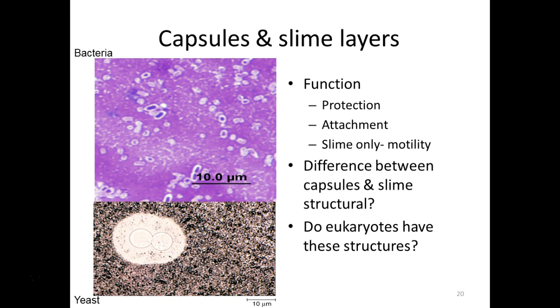In these pictures, we're looking at capsules, right? Pretty uniform structural layer around the outside of the cell. Slime, when you think about slime, you think of oozy, sticky, kind of movable, right? The capsule is pretty rigid, uniform. Slime, on the other hand, not uniform, irregular, and movable.